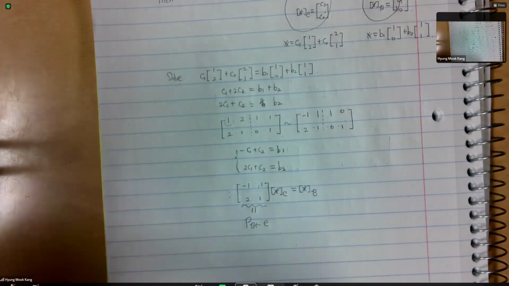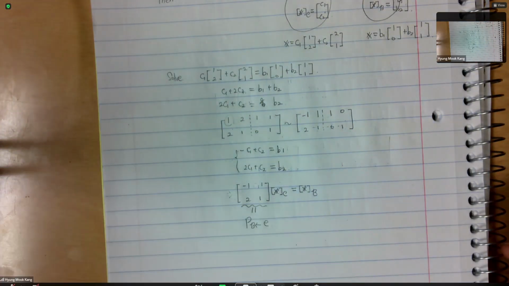Then let's go to eigenvector and eigenspace, eigenvalue, and diagonalizable.